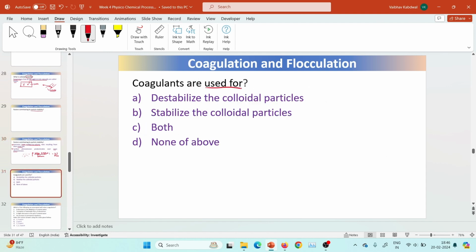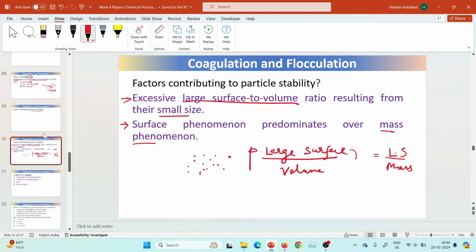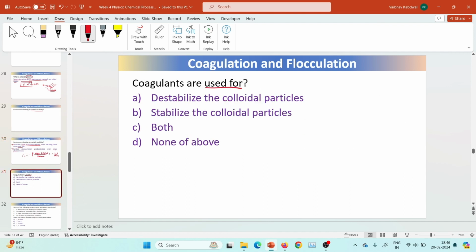Coagulants are used for. What we studied in the previous question, particle stability or colloidal stability. If the colloid is stable, we have to destabilize it.